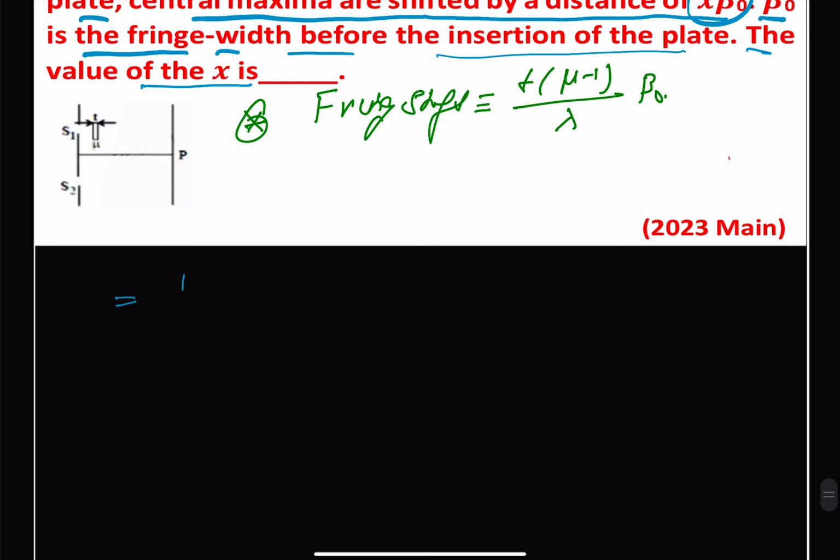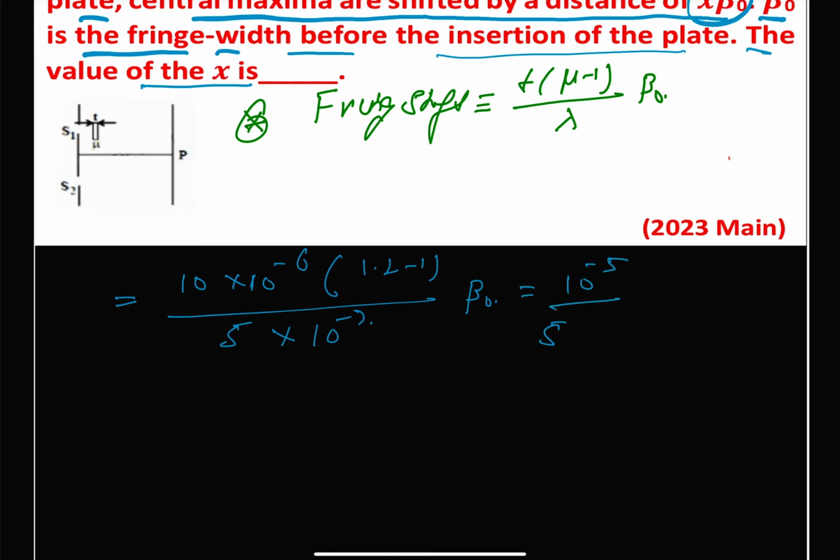So we have 10 into 10 raised to power minus 6 and 1.2 minus 1 divided by 5 into 10 raised to power minus 7 and multiply by b naught. And we are left with 10 raised to power minus 5 divided by 5 into 10 raised to power minus 7 into 0.2. And this comes as 100 divided by... now it's correct, I made a mistake somewhere, multiply by b naught.